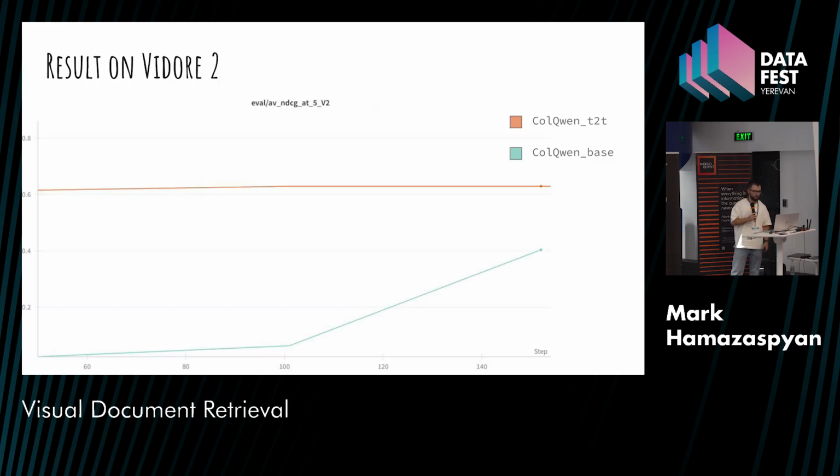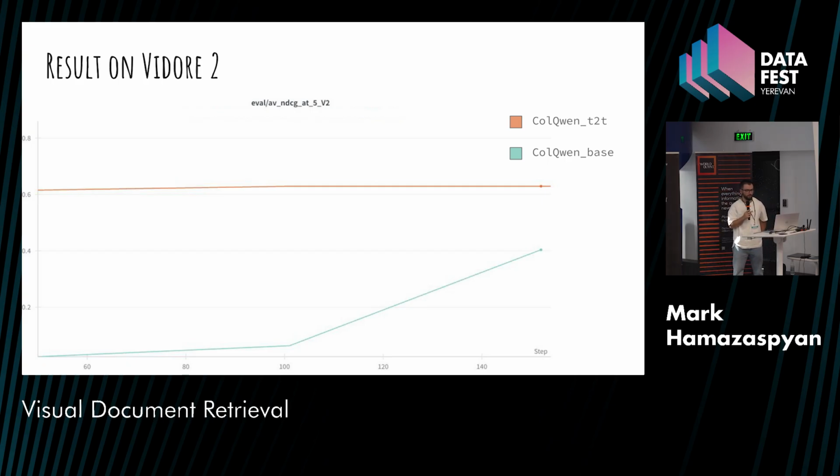And here are the results on Vidore 2 with just 150 steps of training with the 23K data. I don't know whether you can see the bluish line and the orange line there. Here you can see both models are learning.